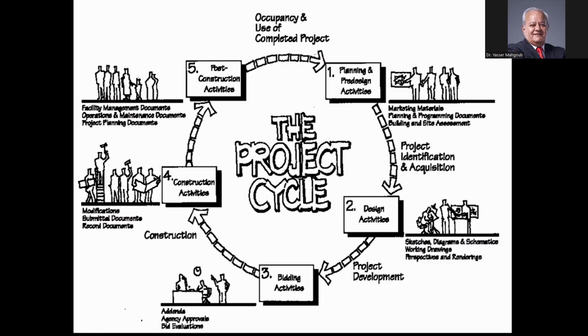You get approvals from the client, and then you have a final design with approvals before you move into the project development stage, where you develop the documents for the contractors to use for construction.